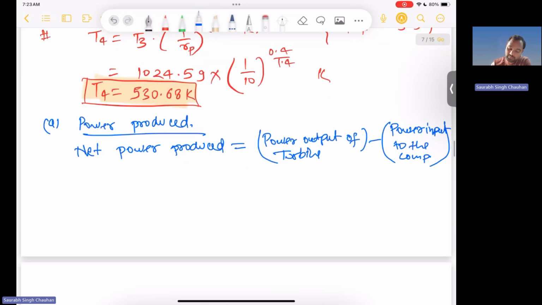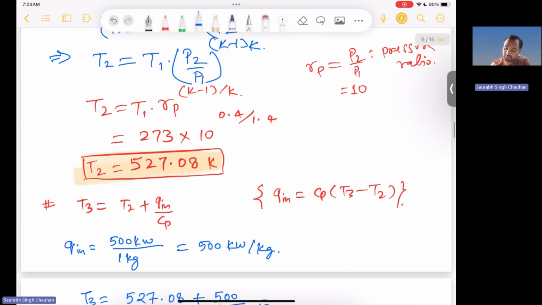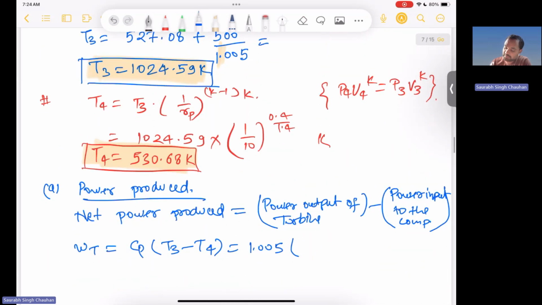Power output of turbine will be equal to Cp, where is the turbine? 3 to 4. So Cp (T3 minus T4). Cp is 1.005. T3 is 1024.59 minus T4 is 530.68 Kelvin.